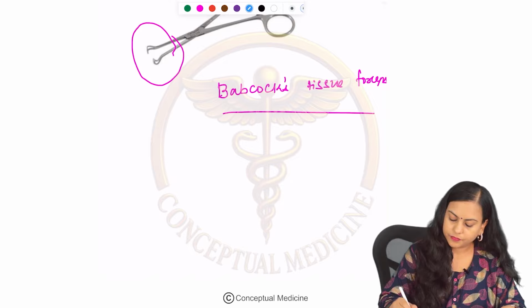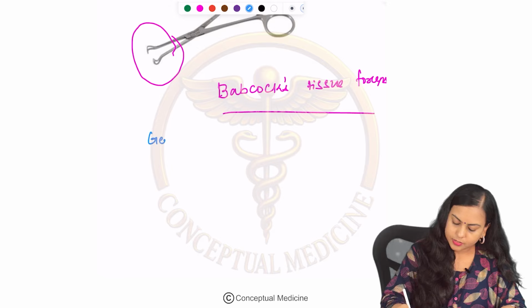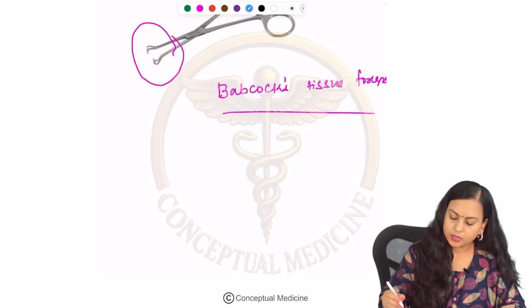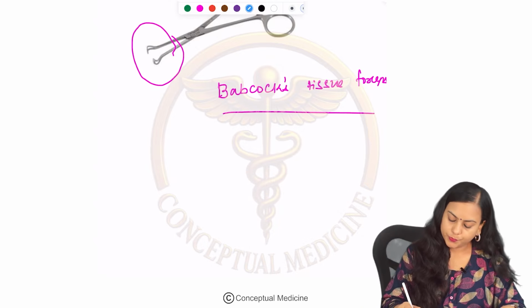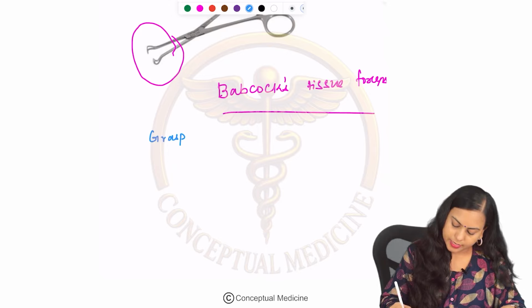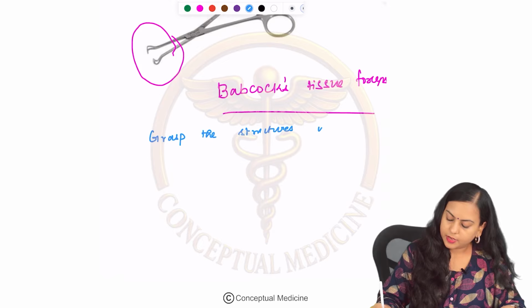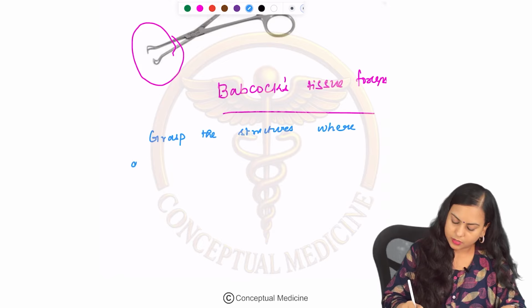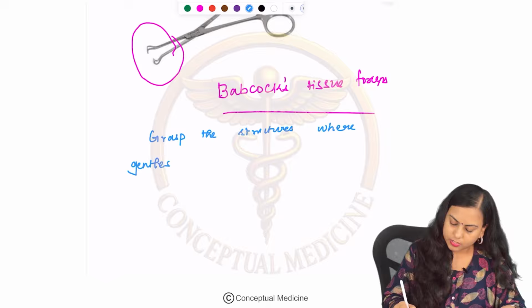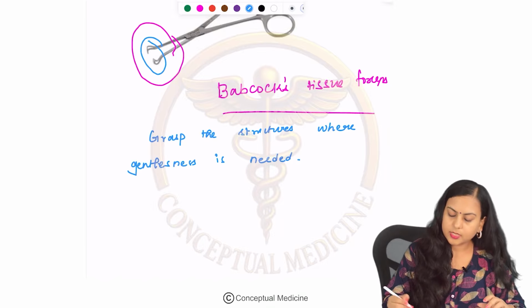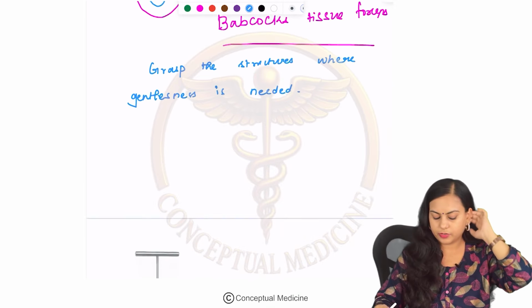Repeating once again, this is basically used to grasp the structures where gentleness is needed. That's why it doesn't have any teeth also, right?